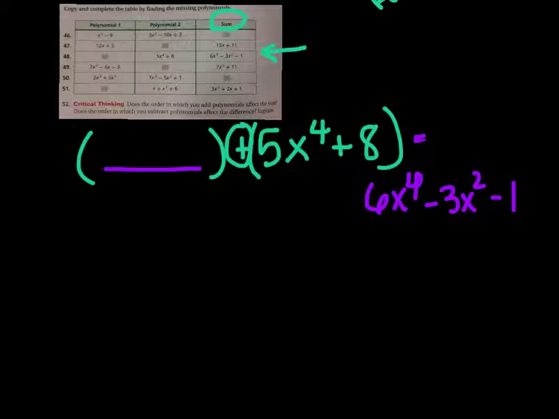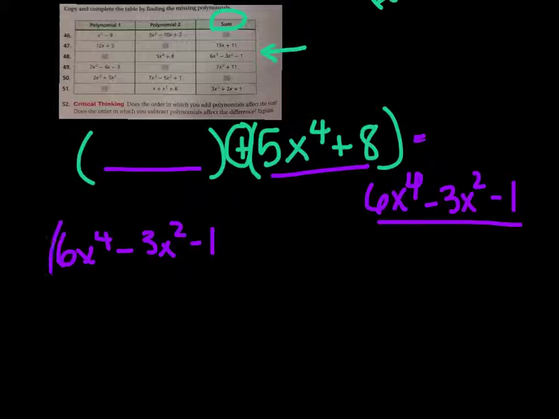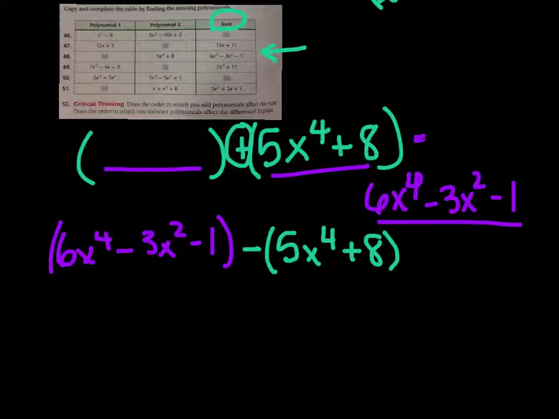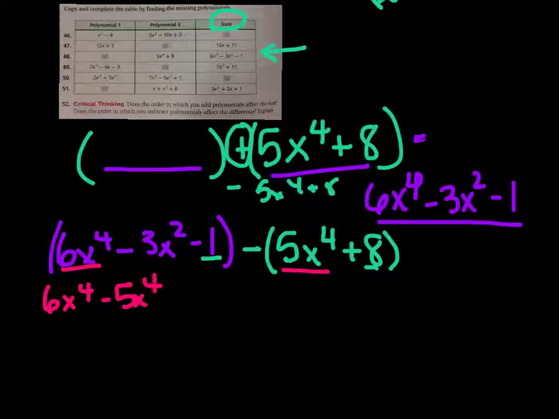So let's work backwards a little bit. We're going to need to subtract this from this. So we have 6x to the 4th minus 3x squared minus 1. Let's work backwards and subtract 5x to the 4th plus 8. Essentially, we are balancing this by subtracting 5x to the 4th plus 8 from this side and putting it over to the other side of the equation. So let's combine like terms. I see x to the 4ths and I see constants. So 6x to the 4th minus 5x to the 4th, we get 1x to the 4th.